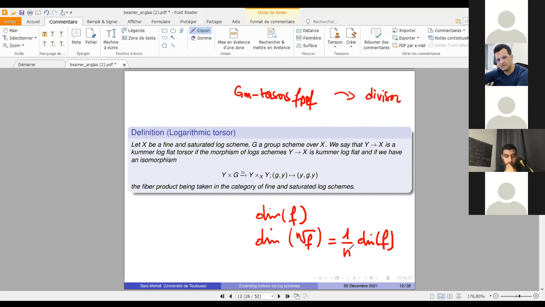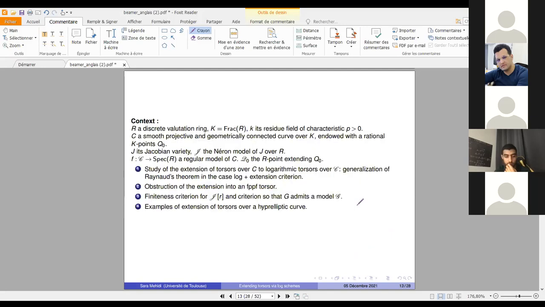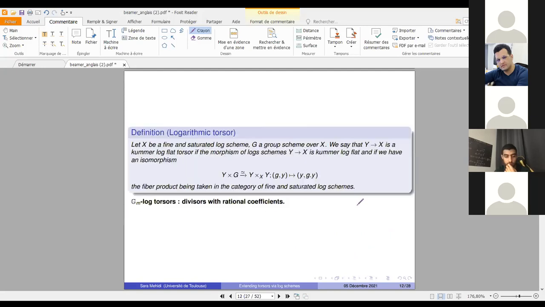And the result is that the G_m log torsors here are just divisors that appear with rational coefficients. So yes, this is what I plan to say on the first part.